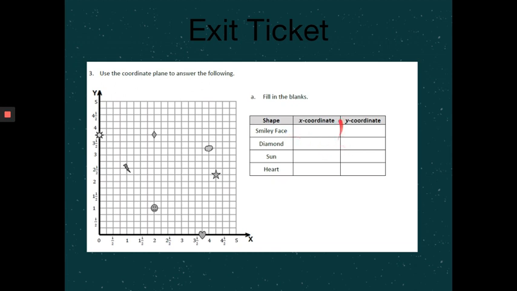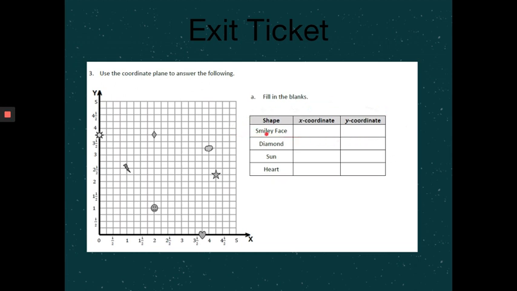Okay, so we're going to figure out which numbers go along with these shapes. Okay, so I'm going to do the first one with you because I just want to make sure that we are all on the same page.